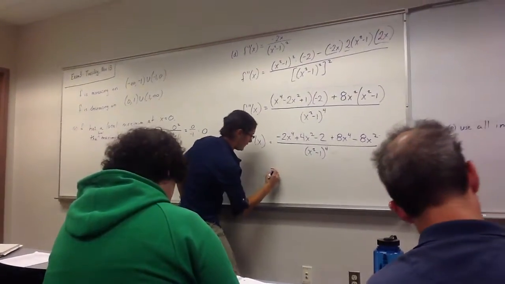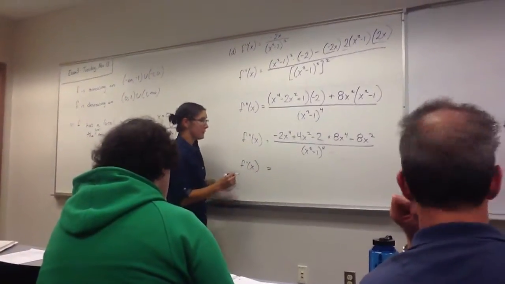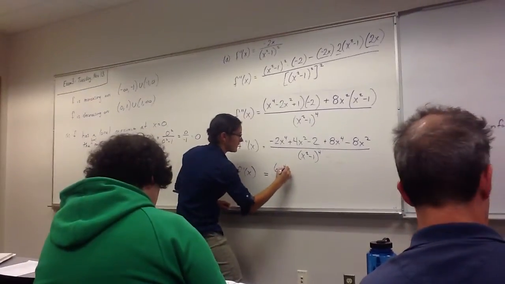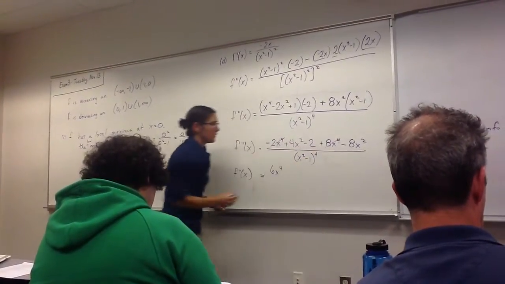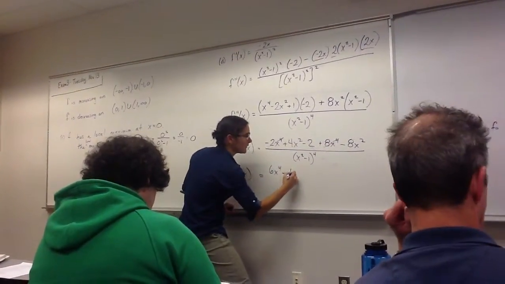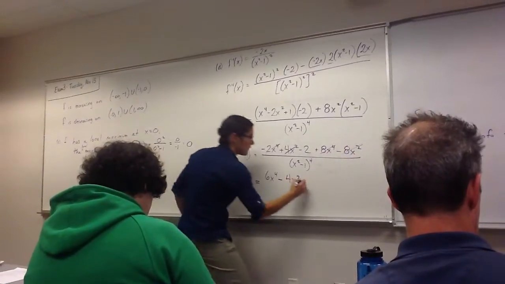Okay, so things that we can combine. We've got some x to the 4ths. So that's 6x to the 4th. We've got some x squared, so minus 4x squared. And then minus 2.